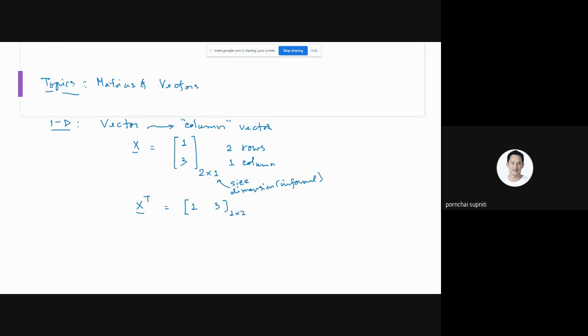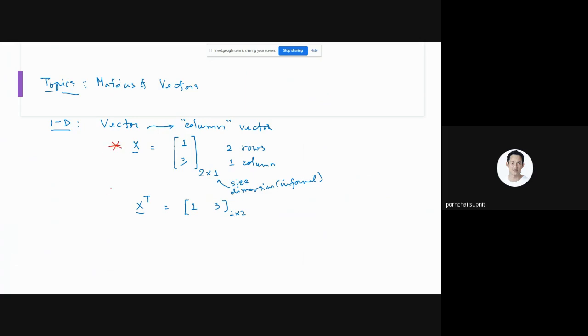So whenever you look at any research work or any project, and when you write a program in either MATLAB or Python, you will always designate a vector as a column vector like this.